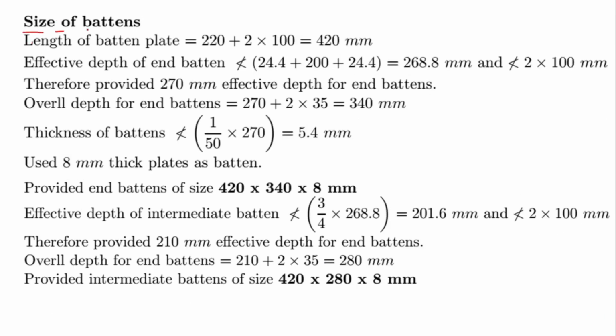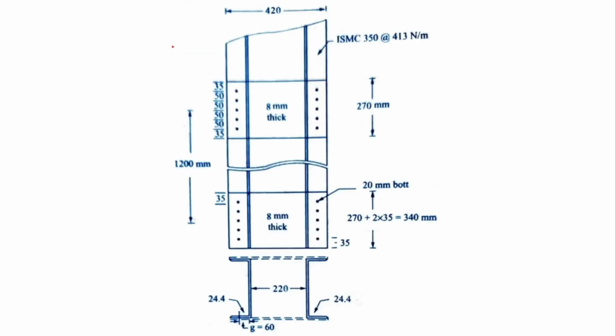Now size of battens. We have to first calculate length of the batten plates. If you see the figure, the batten will connect two channels end to end at its flange. So to provide the battens, its length should be this much.